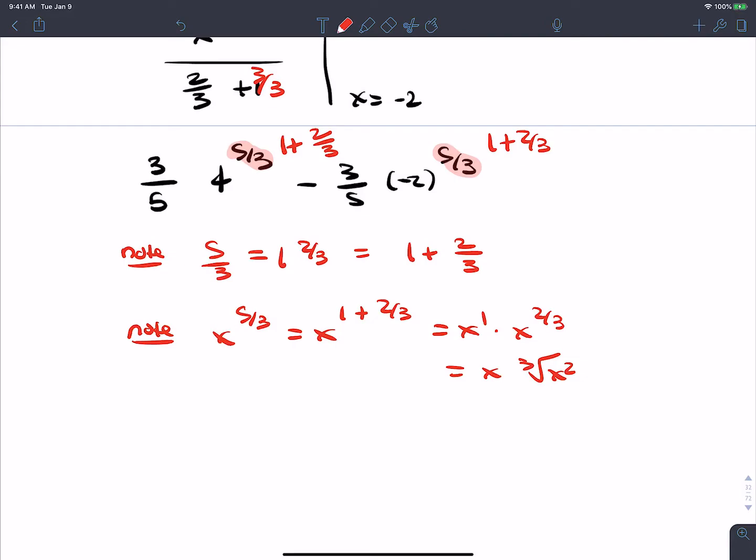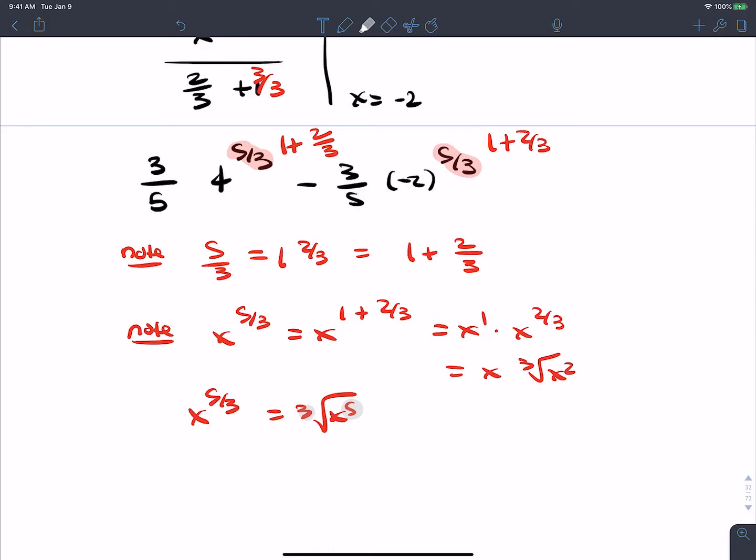If you went back to intermediate algebra, x to the 5/3 is going to be the cube root of what? X to the 5th power. They're going to say simplify that radical because your power here is bigger than the index, and you can't have that. You have to have the reverse.